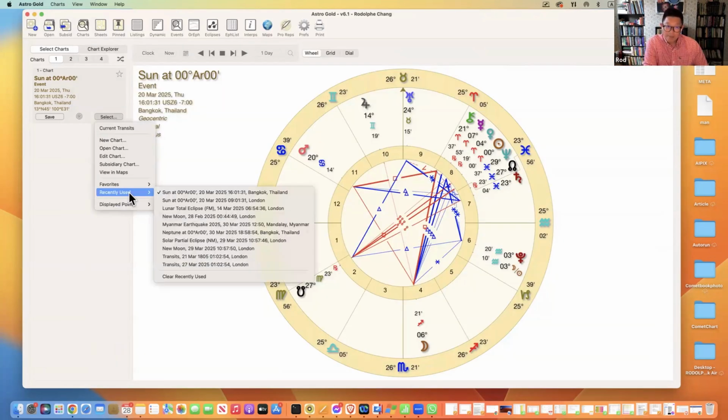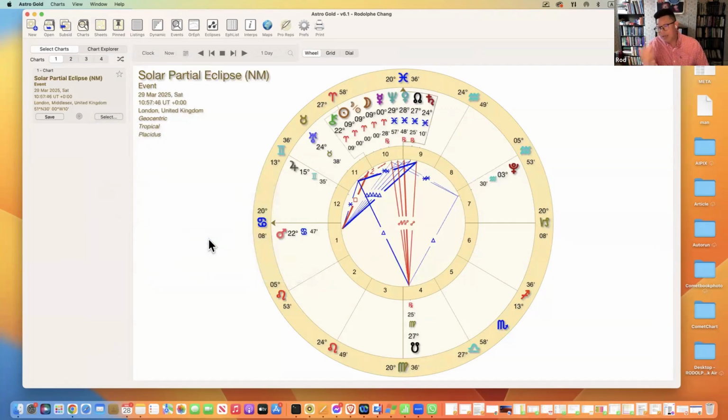As the event happened before the solar eclipse, and tomorrow is an important solar eclipse, is that important for us? I will say one thing. The solar eclipse happened on Saturday, 29th of March, and it's an Aries solar eclipse.